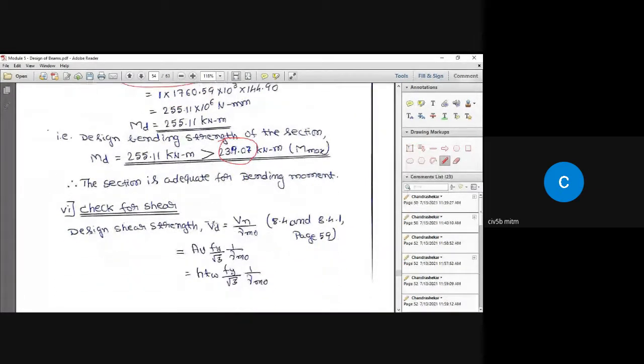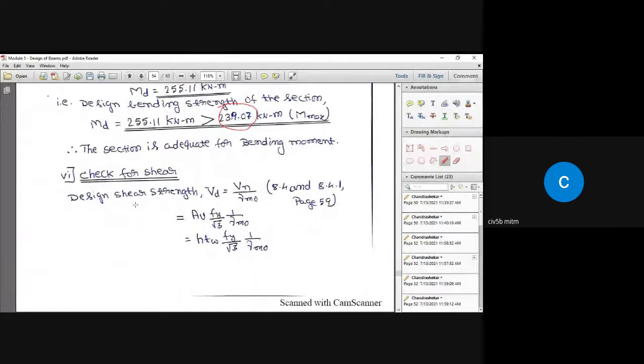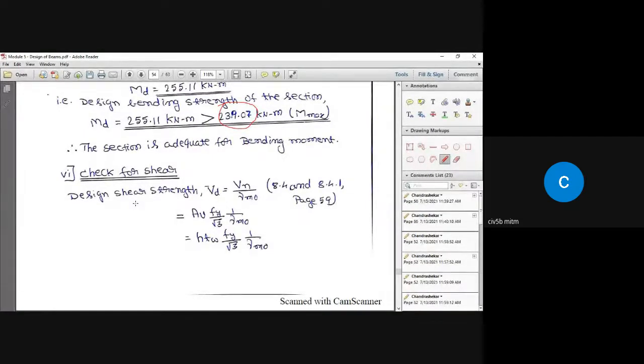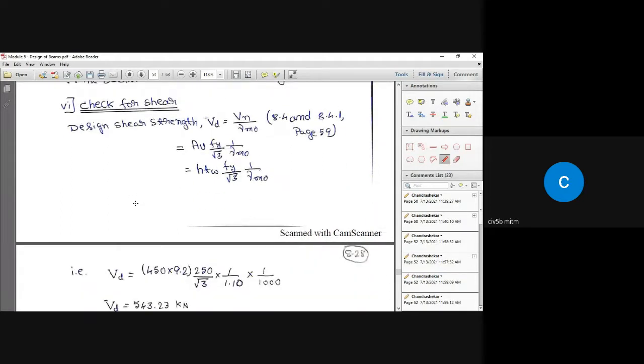Then afterwards, check for shear. There is absolutely no difference between how we check for shear in the laterally supported beam and the check for shear we are going to do here. So there is no question of high or low shear. Simply find out the design strength of the section in shear.